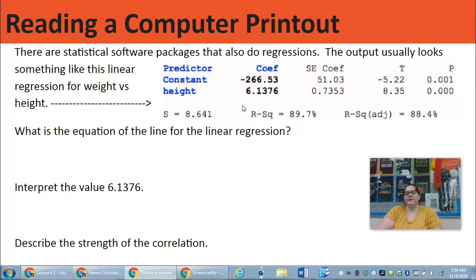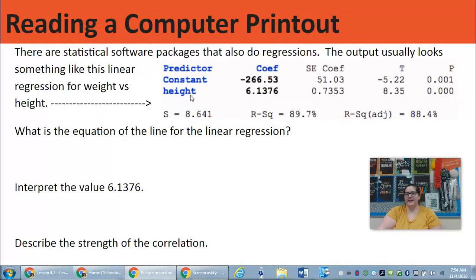When we look at that first column of numbers, under the word predictor, we see the word height. This is a statistical software package looking at linear regression for people's weights versus their heights. So I see the word height in that table, which means that height is the x variable.